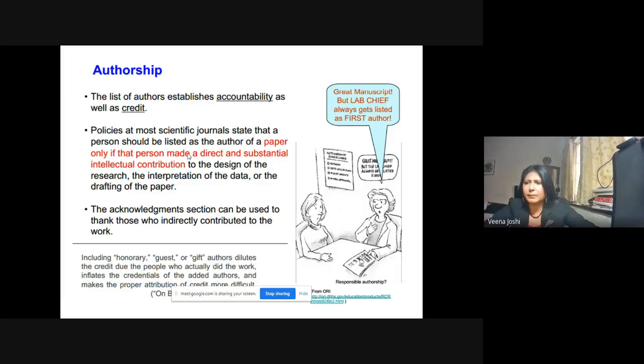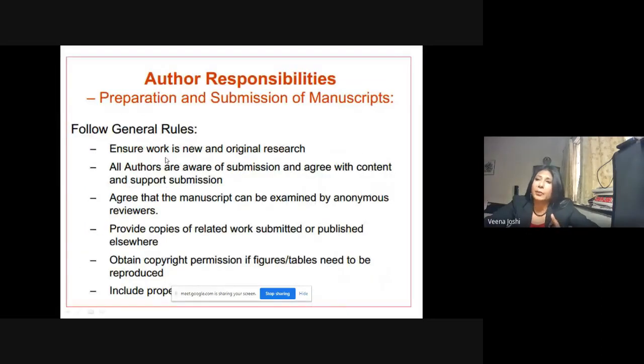But if some friends actually helped you in data generation or field work, you can even list them. So authorship is extremely important. This is where ethical violations can happen.